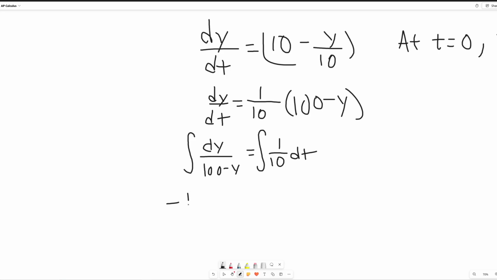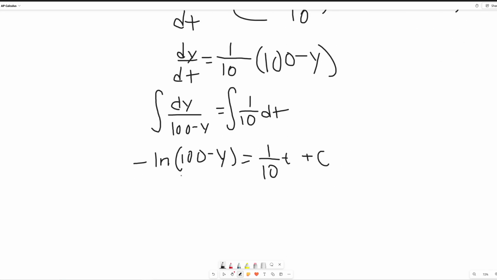So now we have negative ln of 100 minus y, which equals 1/10 t. I'm going to write it like this. So I have my plus c. Now again, we move the negative over. We do not put it into the c. So we have ln of 100 minus y equals negative 1/10 t plus c.